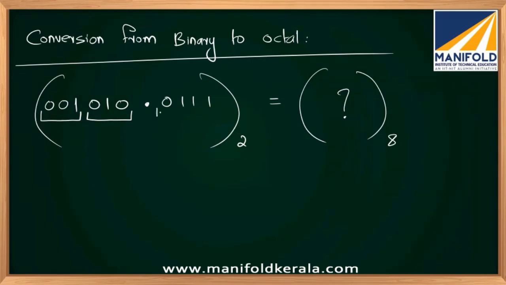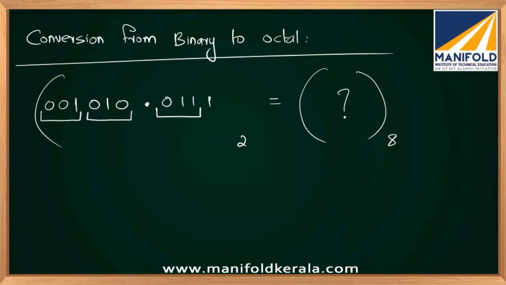Right? And about the fractional part, starting from the binary point, you group it to the right by 3, group of 3. Right? So now this is a group of 3.